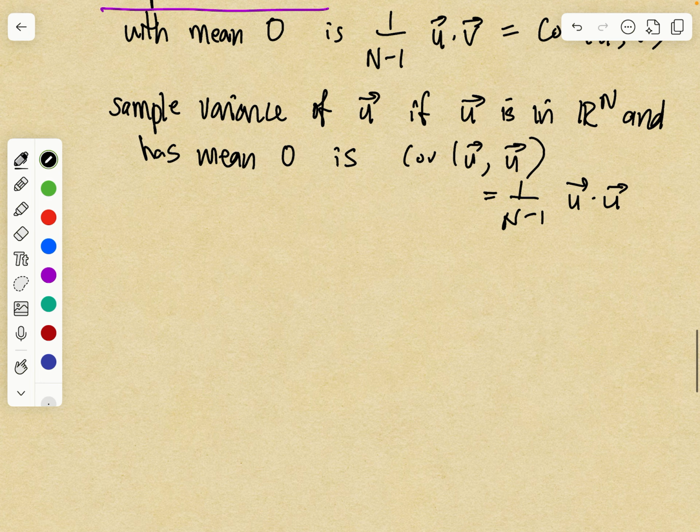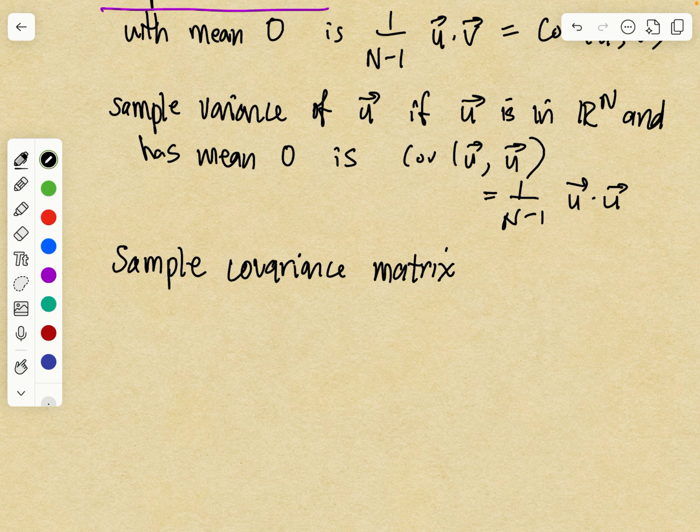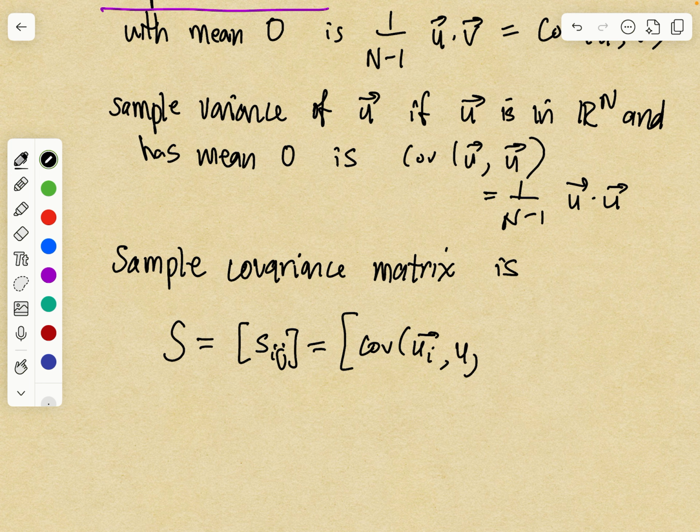And so what you can do is form something called the sample covariance matrix. That's the matrix S, where the ijth component is the covariance of the vector ui and uj.